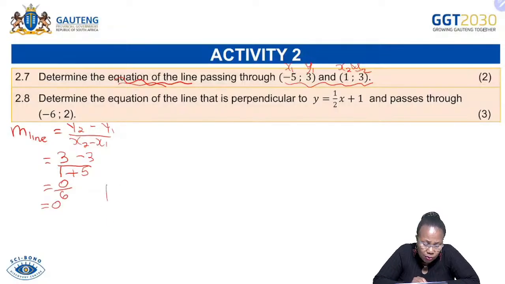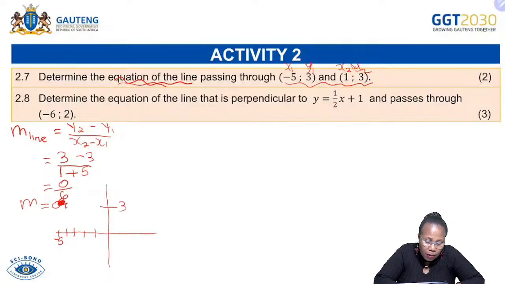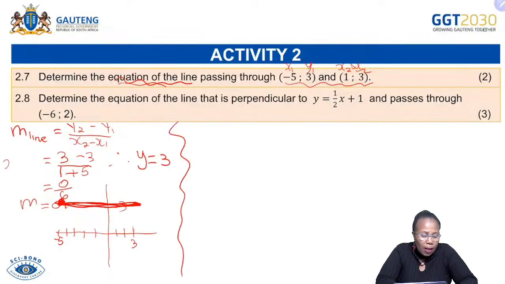Okay, and then that means now this line, let's check what is happening when we put the coordinates on a Cartesian plane, because there's no gradient there. Can you see that our gradient is 0? Right, now let's predict what is happening here. We have 1, 2, 3, 4, 5, that is -5, coordinating with +3 there. Then you have a point there. And then this is 2.7, and it's 2 marks for y = 3.